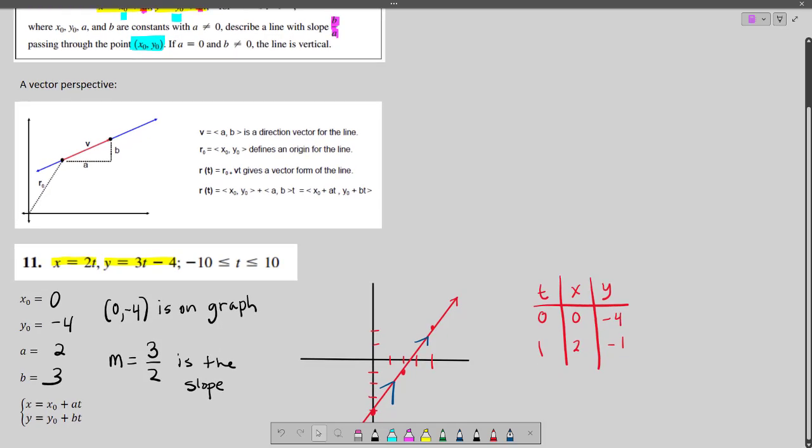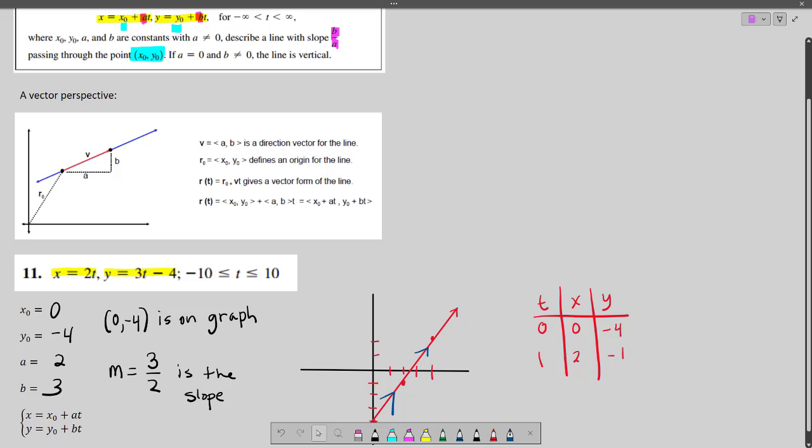There's also this vector perspective. If you've had vectors, this might make some sense to you. So the A and the B, these slope numbers, we are going to use those to form a slope vector. So that red vector right there, this is going to be the point on the line. So r sub 0 is going to point to the initial point on the line.